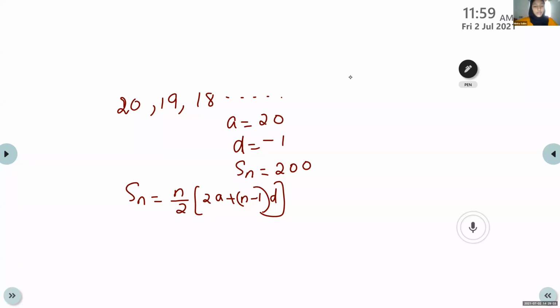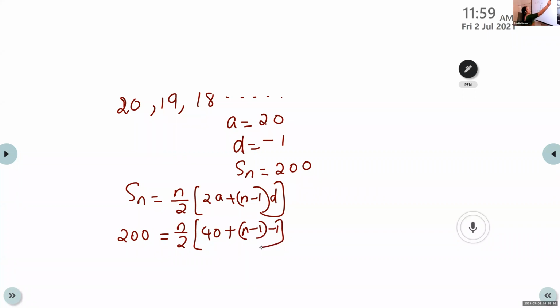Sn is equal to n by 2 into 2 into 20 plus n minus 1 into minus 1. 2 into 20 is 40, plus n minus 1 into minus 1.